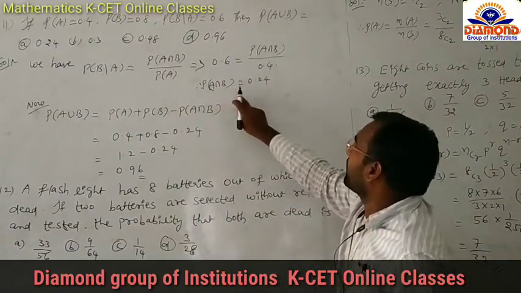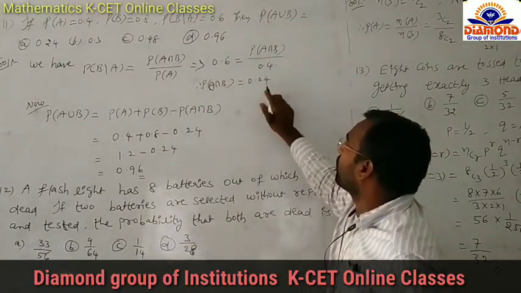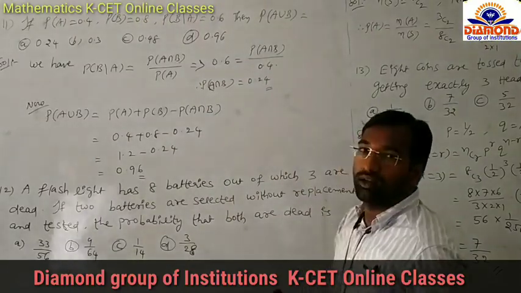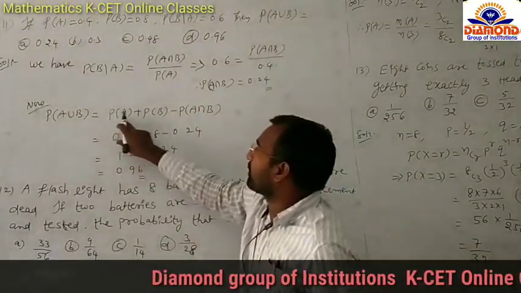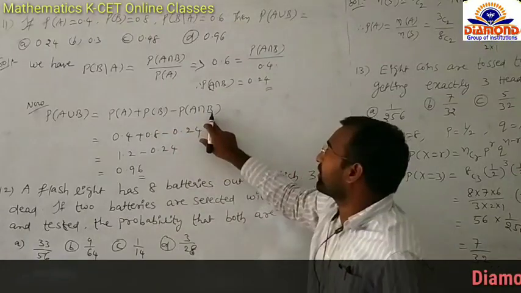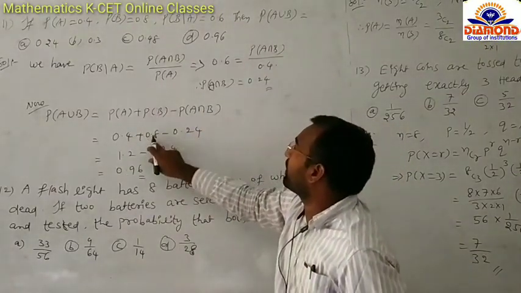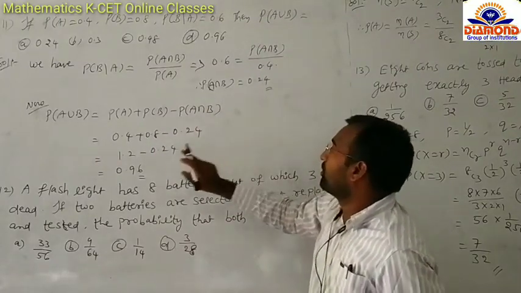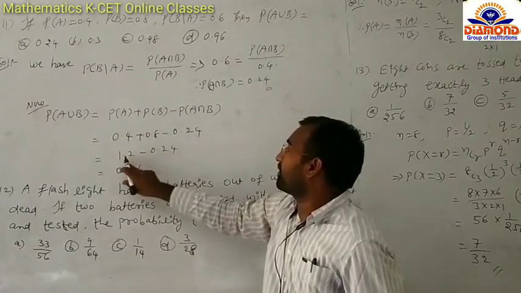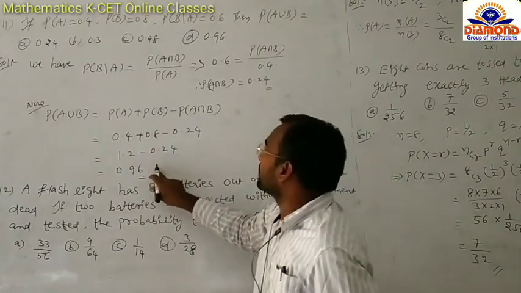Therefore P of A intersection B equals 0.4 into 0.6 equals 0.24. Now using the formula, P of A union B equals P of A plus P of B minus P of A intersection B. So 0.4 plus 0.8 is 1.2, minus 0.24, equals 0.96.